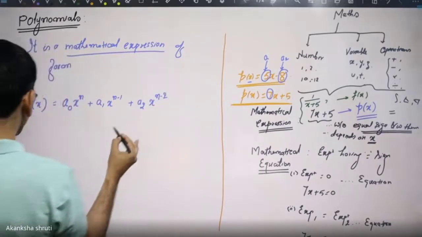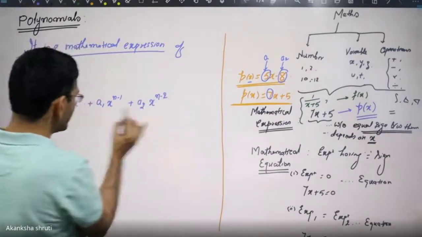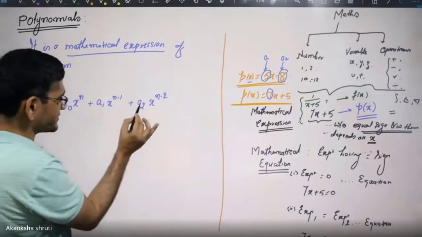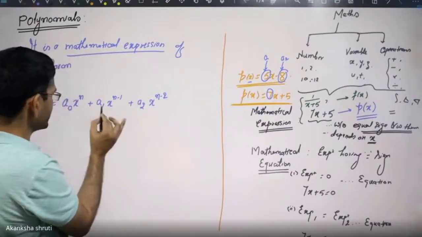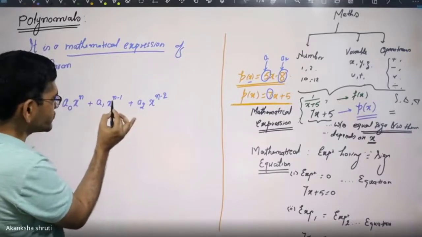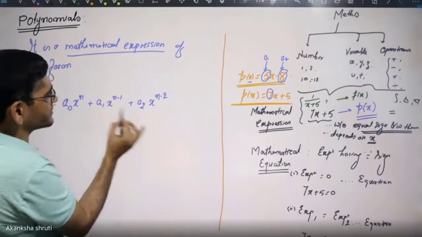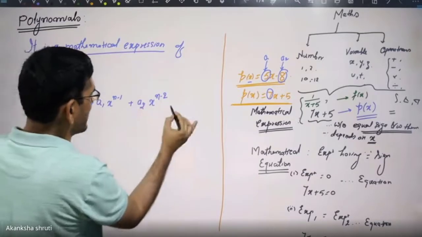This is just a denotation, student, where we are increasing the suffix of the coefficients, meaning a0, a1, a2, and reducing the degree or power of x by the same amount.